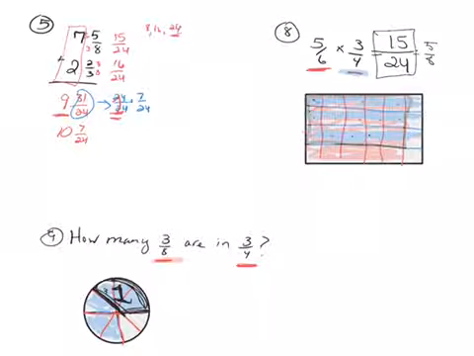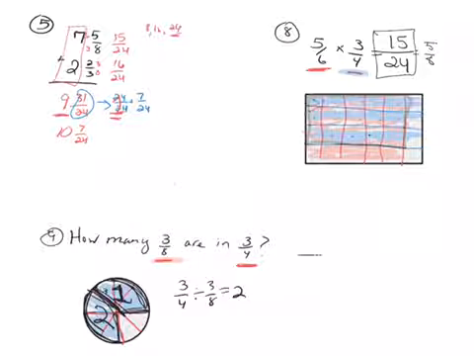And then I can see here I have 1, 2, 3. So this here is my second group of 3. So I have 2 groups of 3/8. So 3/8 goes into 3/4 2 times. So I'm saying that 3/4 divided by 3/8 is equal to 2. That's using the circle diagram.